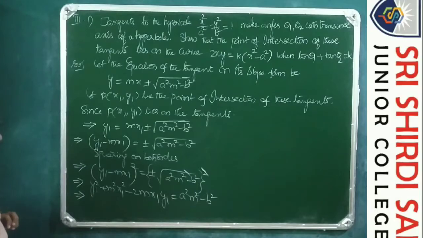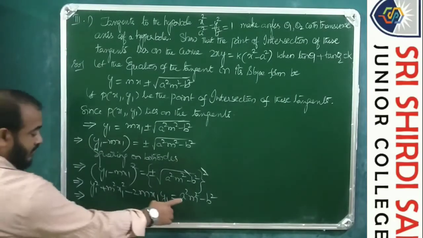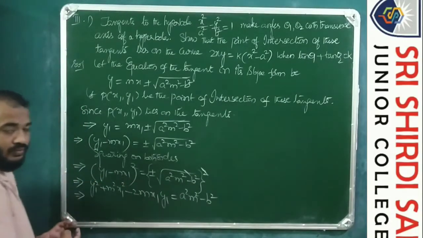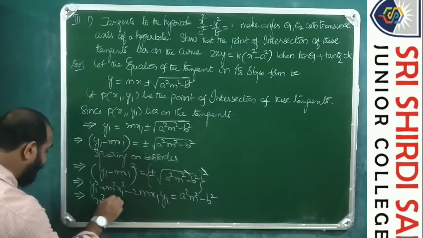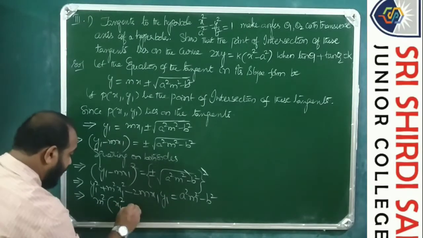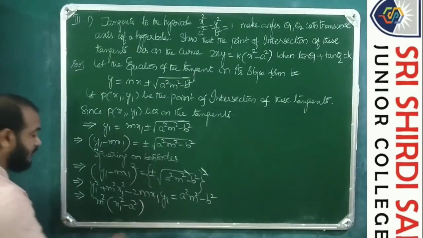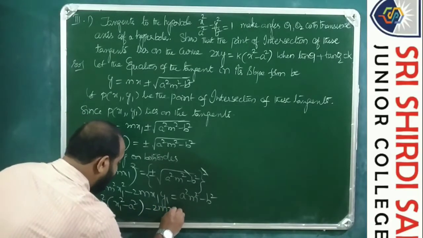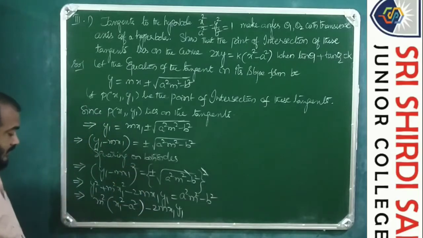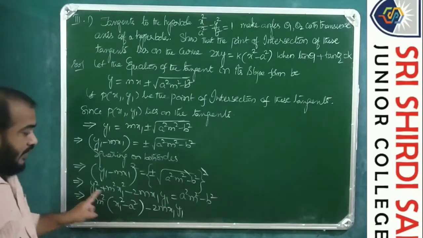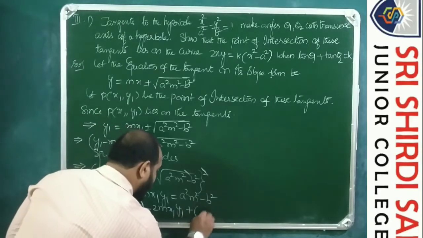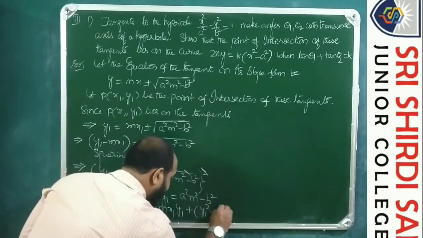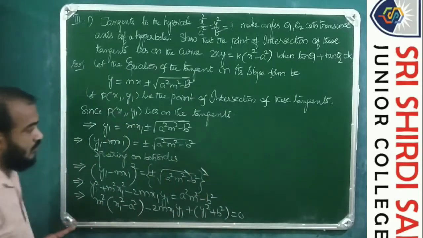Bringing terms to this side: m square (x1 square minus a square) minus 2 m x1 y1 plus y1 square plus b square is equal to 0.